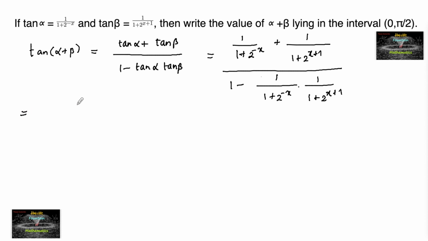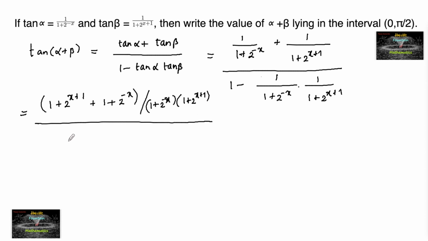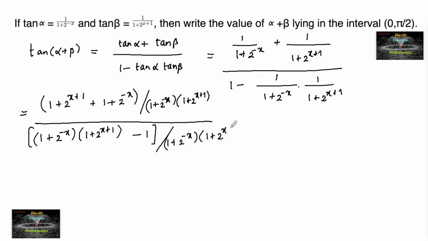Which equals, we can write this as, 1 plus 2 to the power of x plus 1 plus 1 plus 2 to the power of minus x upon 1 plus 2 to the power of minus x into 1 plus 2 to the power of x plus 1 in the numerator, and in the denominator, we can add 1 plus 2 to the power of minus x into 1 plus 2 to the power of x plus 1, minus 1 upon 1 plus 2 to the power of minus x into 1 plus 2 to the power of x plus 1.